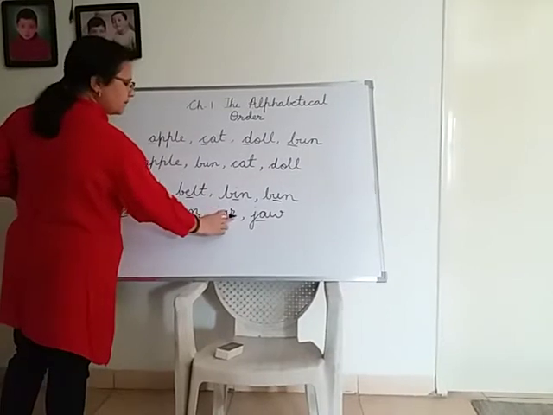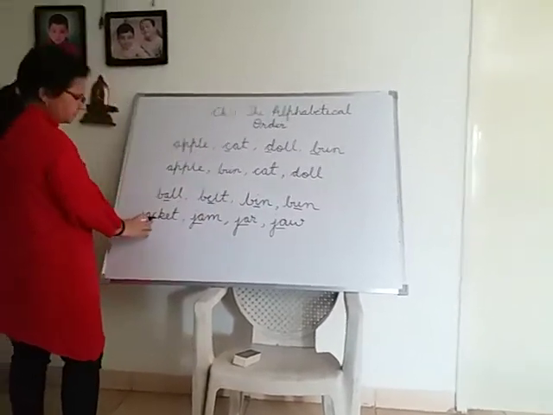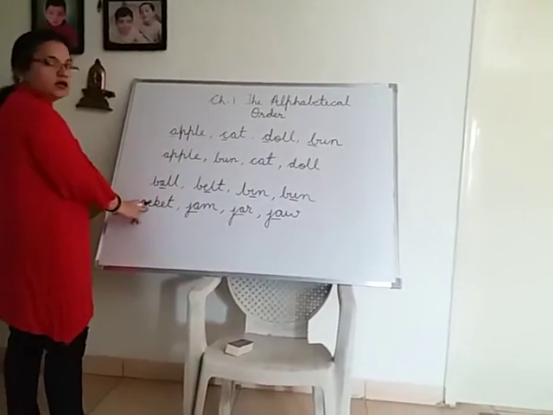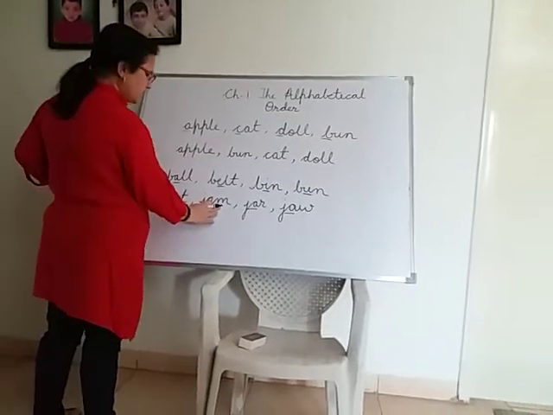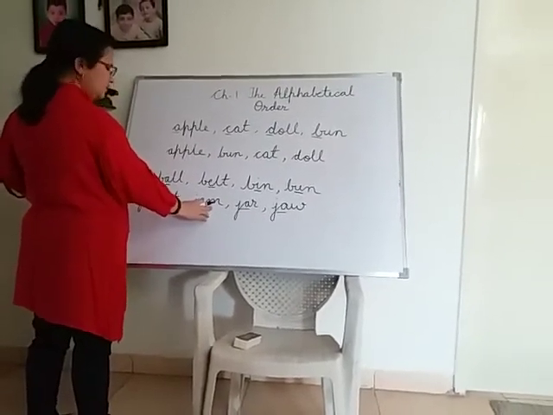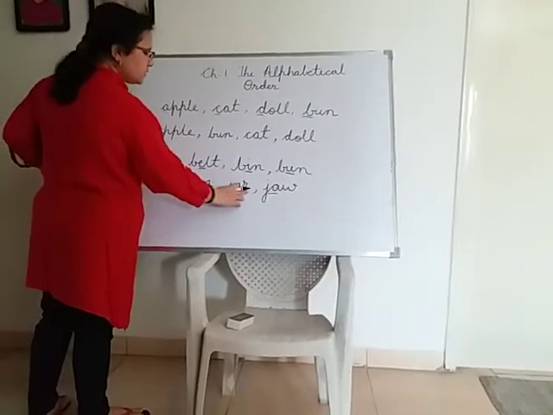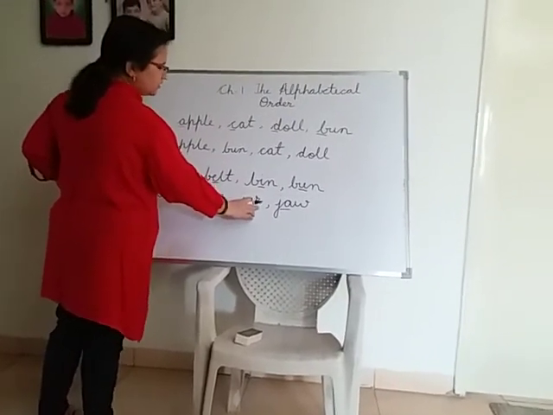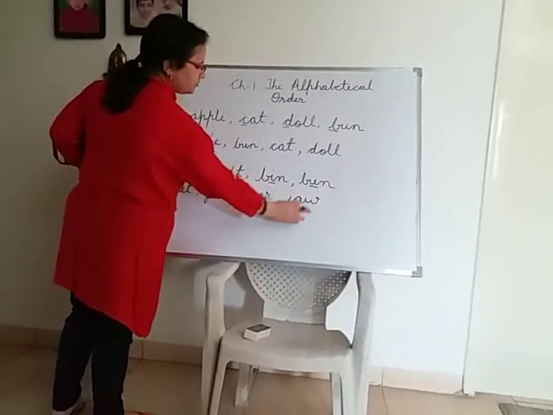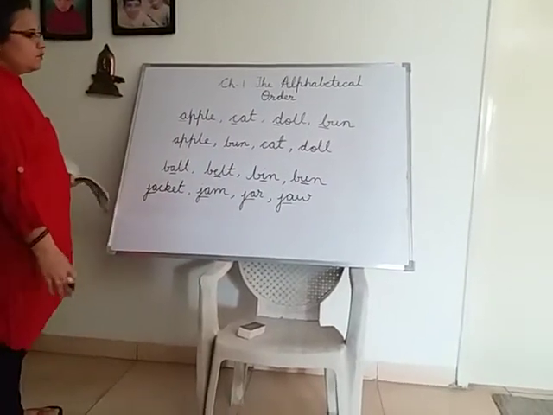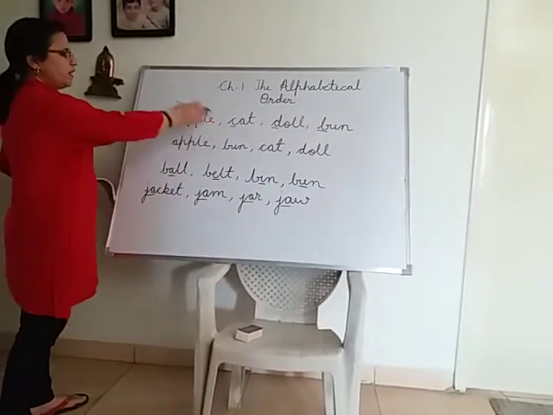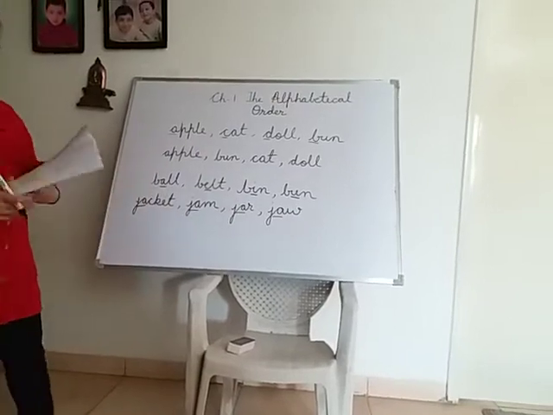C, M, R, W. First comes C, that is why jacket is in first place. Then next comes M, that is why jam is in second place. And then comes R, so jar is in third place, and W, so that is why jaw is in fourth place. So this is the way to arrange words in alphabetical order.